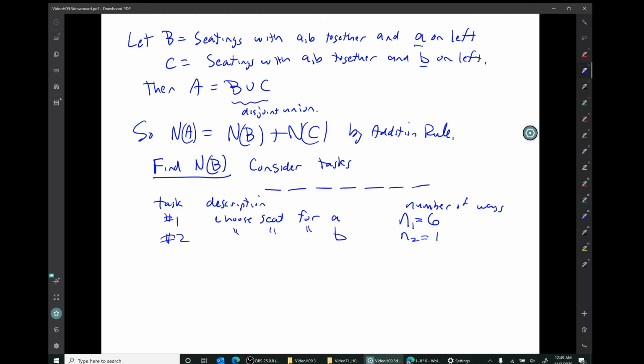Now what's our third task? Our third task is, well, we've got A and B sitting together somewhere in 2 seats. Maybe it's those 2 seats, maybe it's these 2 seats, we don't know. But wherever it is, there are 5 remaining seats that need to be filled. So we could just think of filling those 5 remaining seats from left to right. So our task 3 will be to fill the leftmost empty seat.